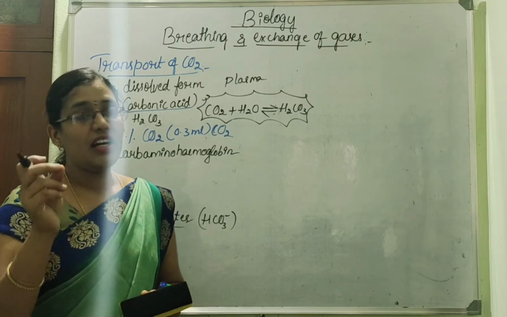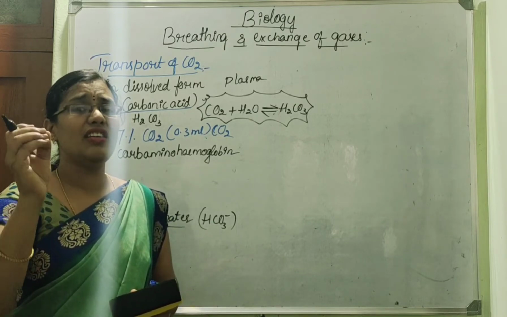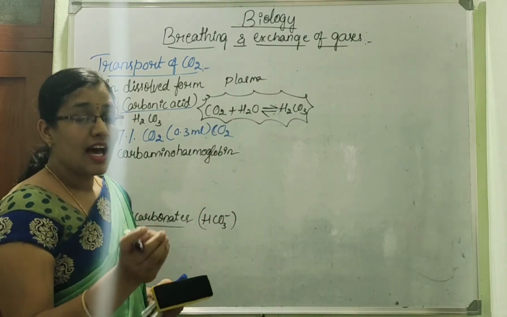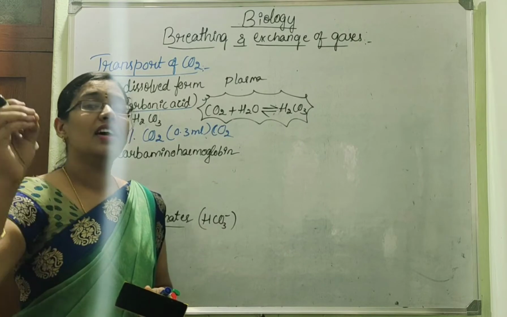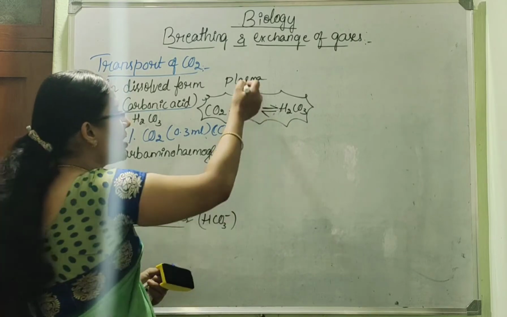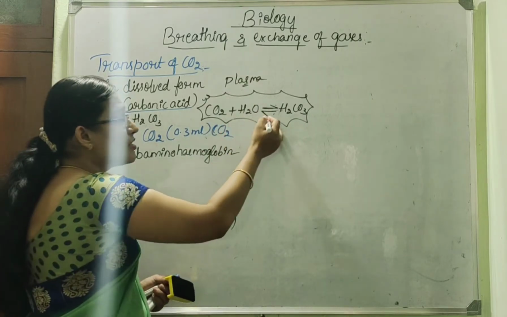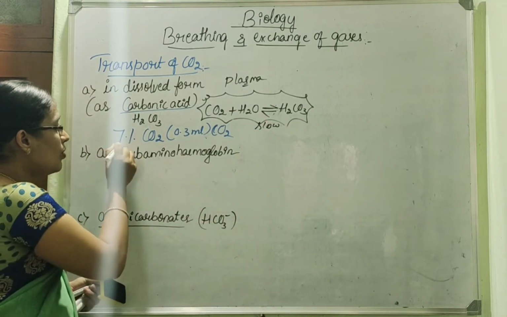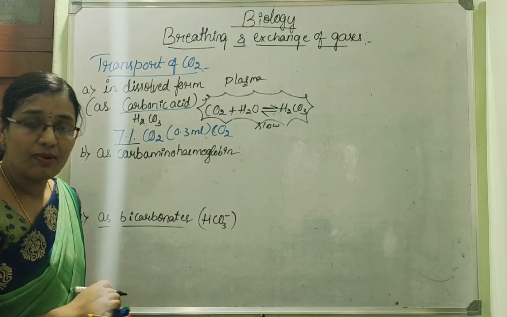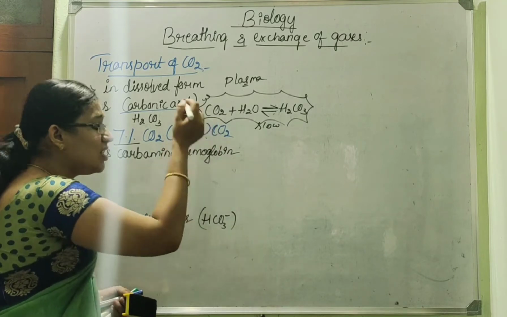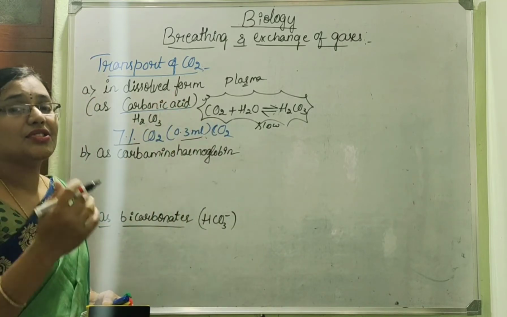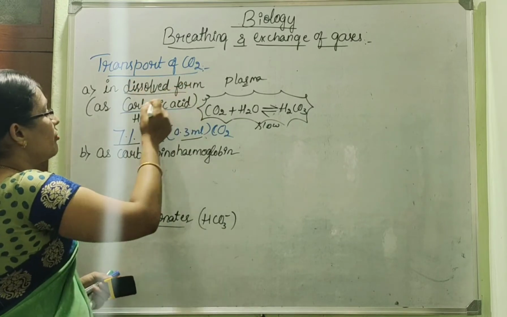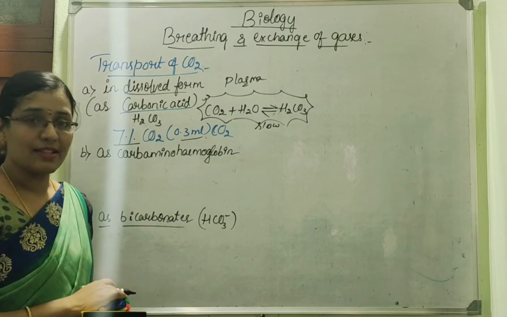But carbonic anhydrase is present in very minute quantities in plasma, and thus this is a slow process. It is a slow process, and thus only 7% of carbon dioxide or 0.3 ml of carbon dioxide is transported from the tissues to the alveoli in the form of carbonic acid.